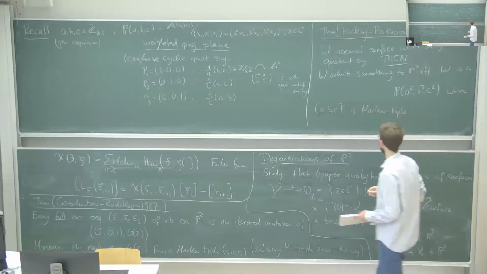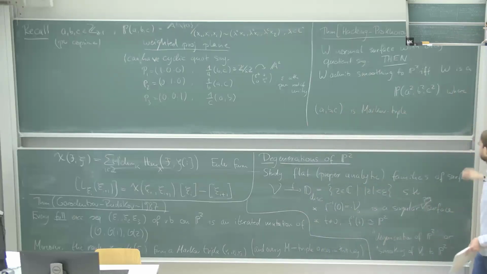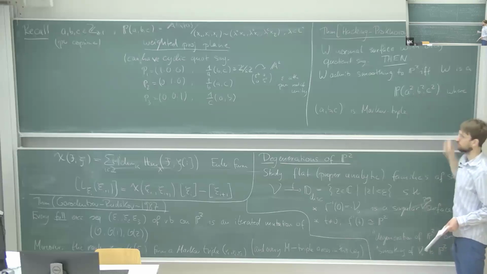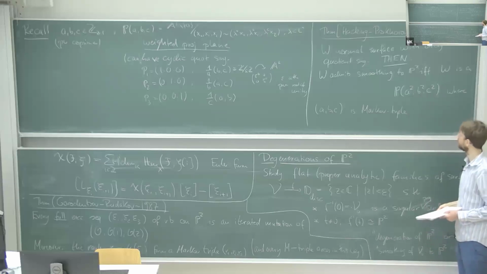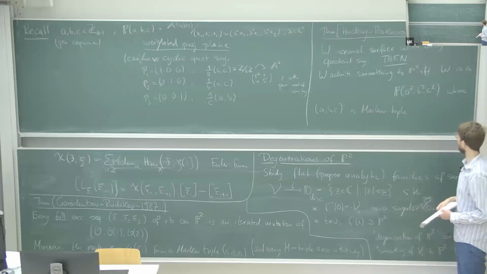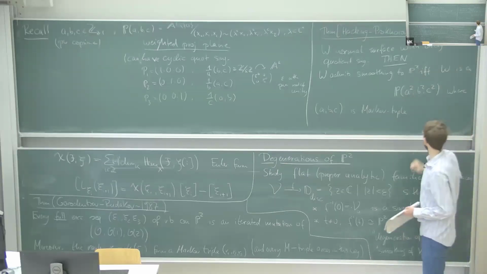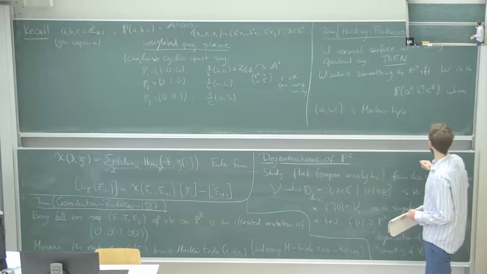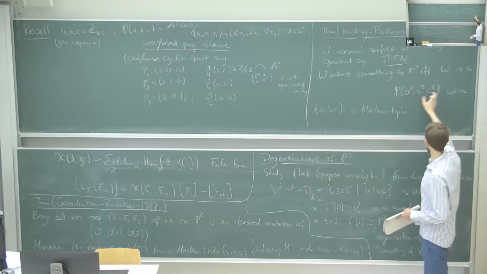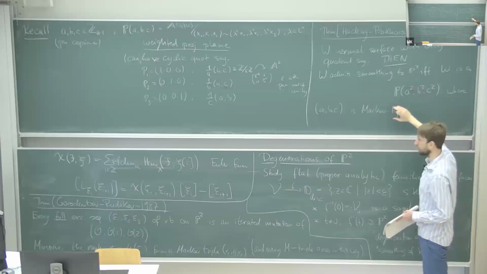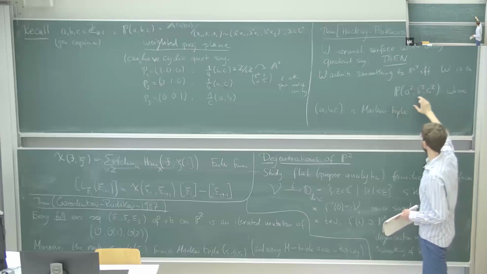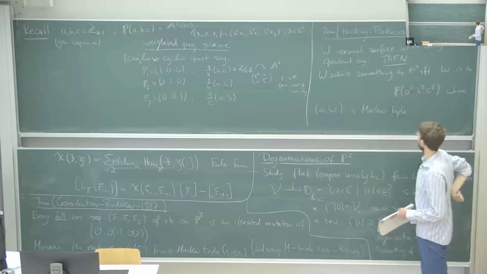So the first non-trivial example would be 1, 1, 4 on that weighted projective plane admits a smoothing to P2. And actually, all these weighted projective planes that come from Markov triples in this way admit a smoothing.